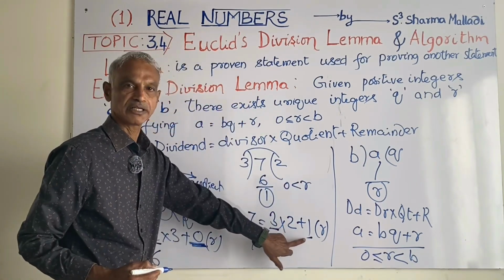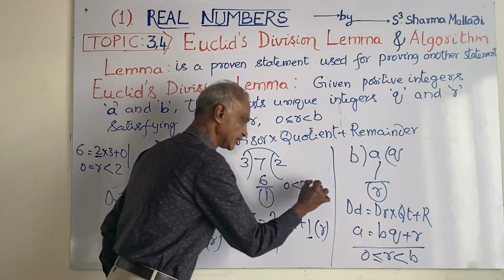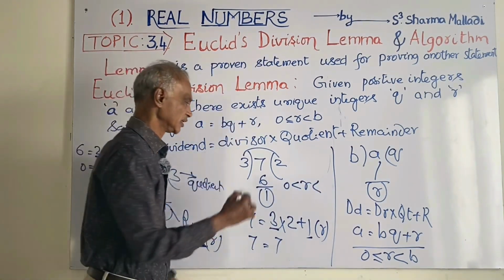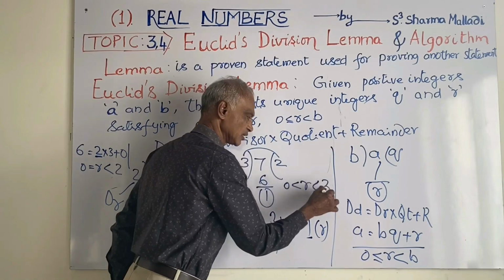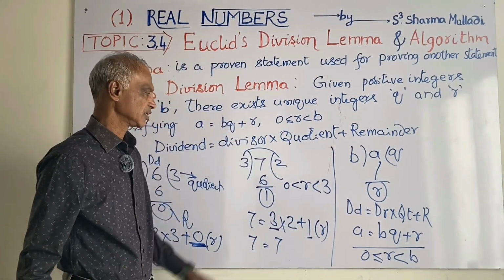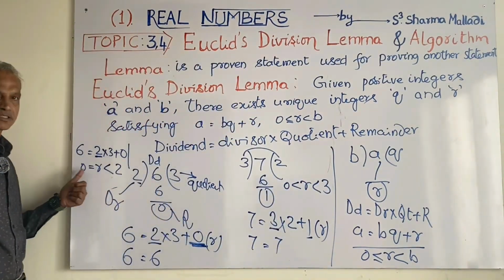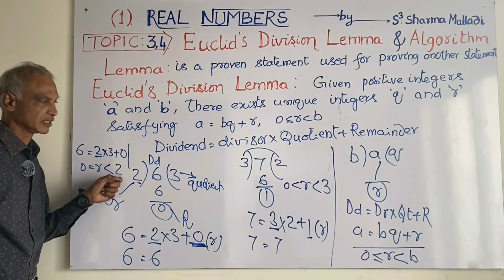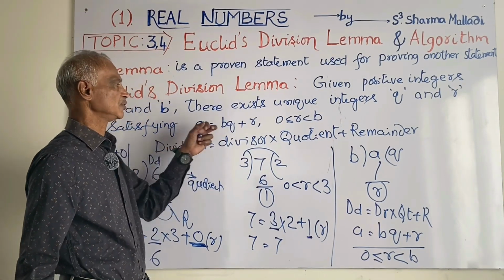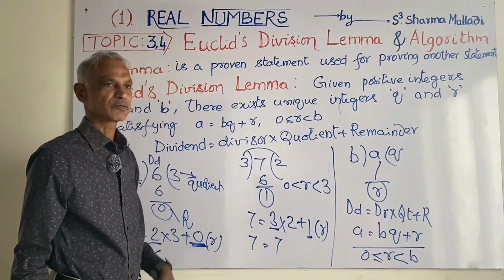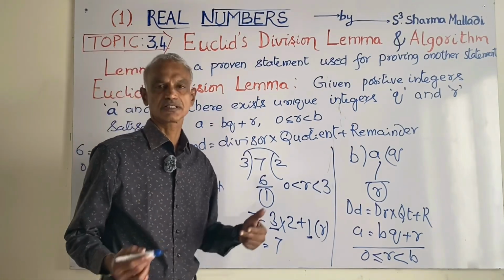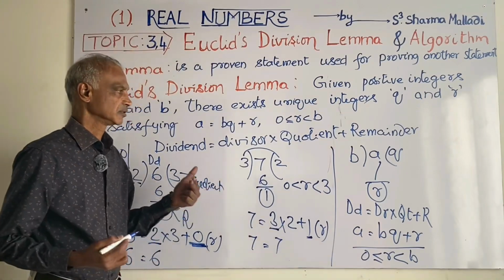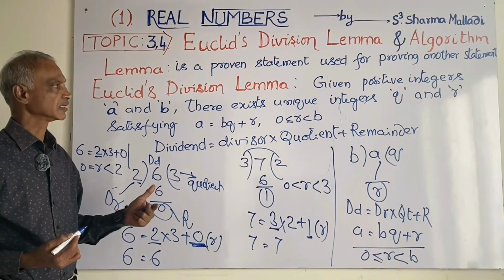You are getting 1. It is greater than 0 but less than the divisor, means 3 is the divisor. Here remainder is equal to 0 and less than the divisor. Like that, a is equal to bq plus r means you are getting remainder greater than or equal to 0 and less than the divisor.